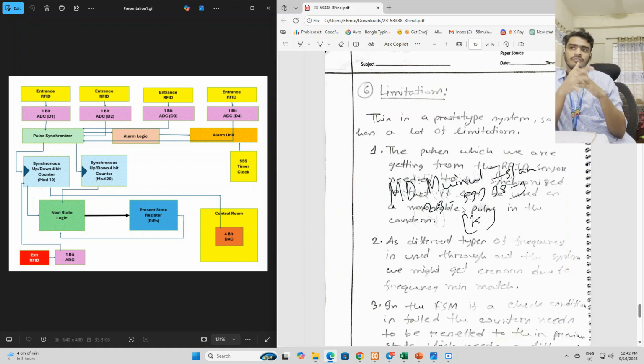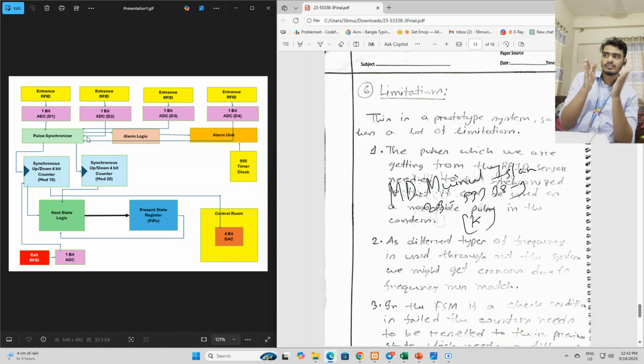The first limitation that I have noticed is the sensor inputs, the ADC inputs. These ADC inputs are coming to the pulse synchronizer. Now this pulse synchronizer is probably not explained in this system because of lack of knowledge, you might say. I don't have enough knowledge, or this TLC syllabus did not cover how we can synchronize these signals and send them as a clock, because the counters need a clock, right?